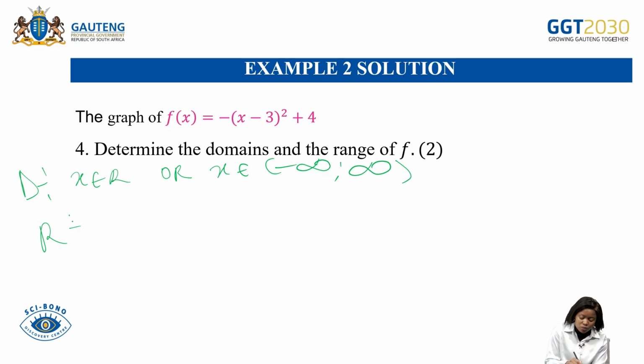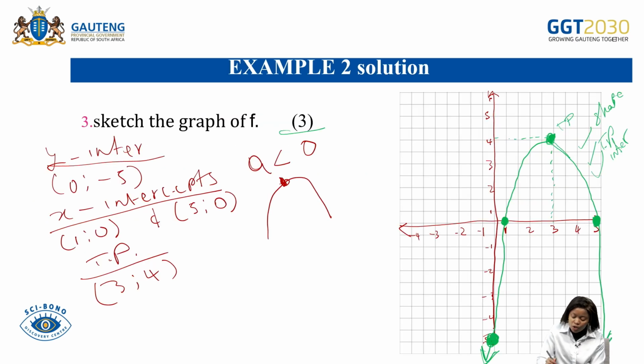My range, it's going to be y. Since our a is less than 0, it's going to be y is less than or equal to the value of q. In that case, what is the value of q here? Because from here, if you are looking at your values of y, from +4 it's going to go down to -infinity.